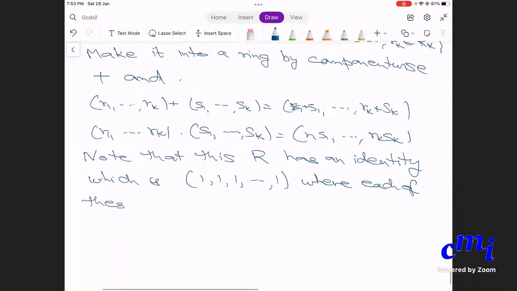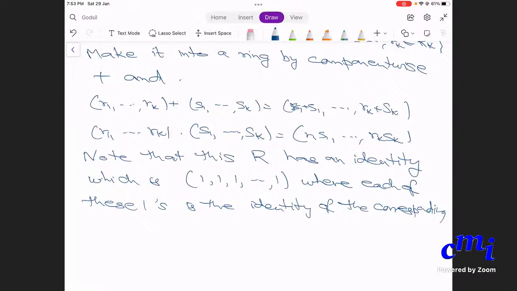where each of these ones is the multiplicative identity of the corresponding Ri. That means the first one is the identity of R1, the second one is the identity of R2, the last one is the identity of Rk.